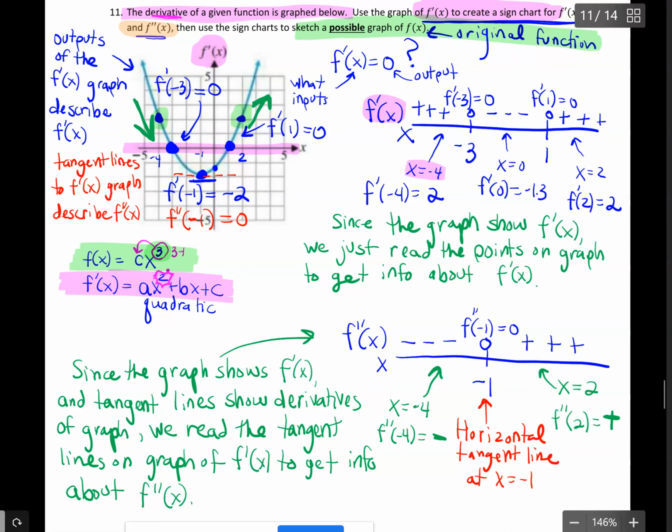And this is my advice to you. Are you ready? We looked at the original graph and we knew our original function should be cubic, right? So I'm going to say f prime of x should be cubic.